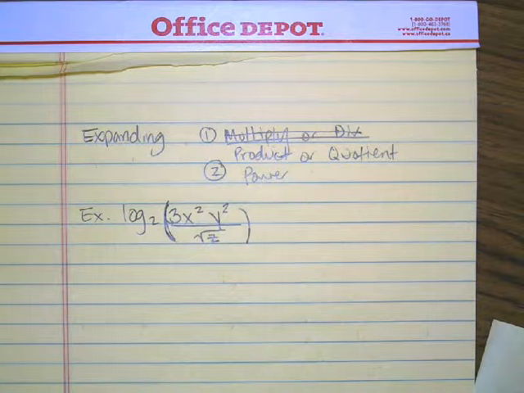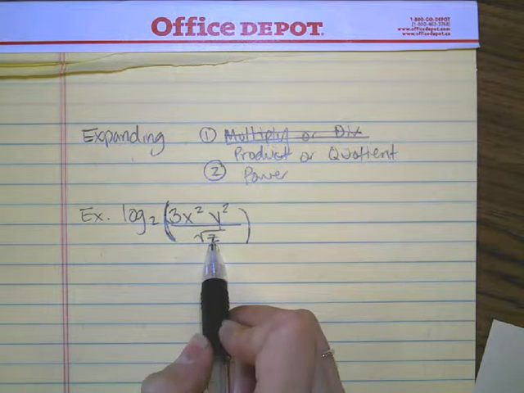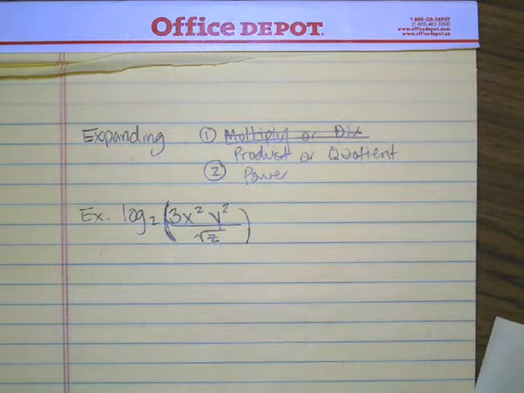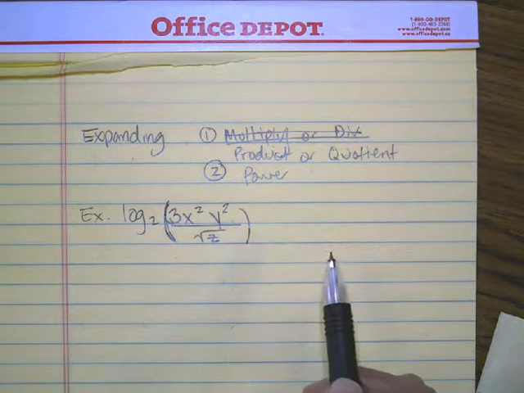Okay, so I'm going to do the product and the quotient first. So these things are all multiplied, right? And that's divided. If it's on the bottom, you put subtract. Okay? So when it's multiplied, what do you put in between the two? And when it's divided, you put?